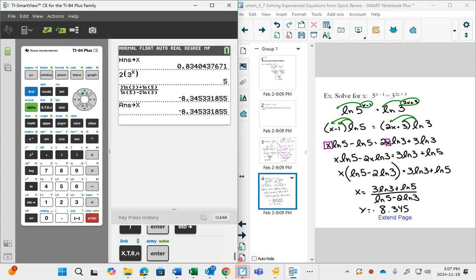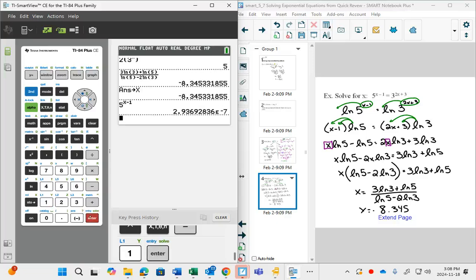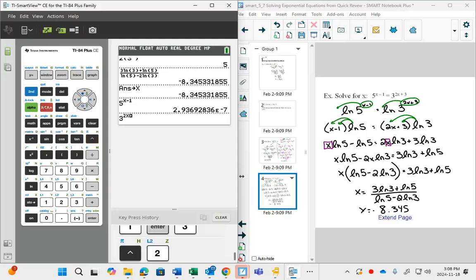I'm really hopeful that this is right. How do I check it? Well, I've stored it as x. In my original equation, the one side was 5 to the x minus 1. So I type that in, I push enter. And the other side was 3 to the exponent of 2x plus 3. Moment of truth right now.